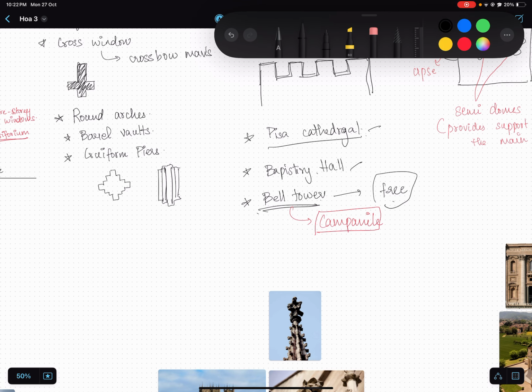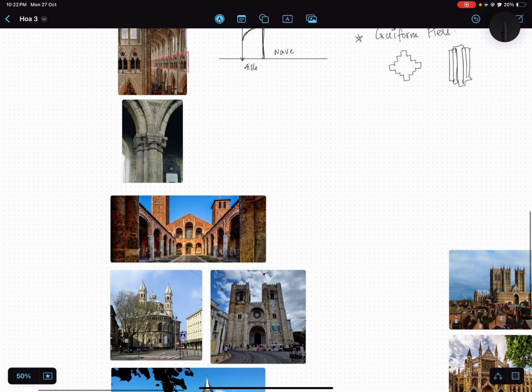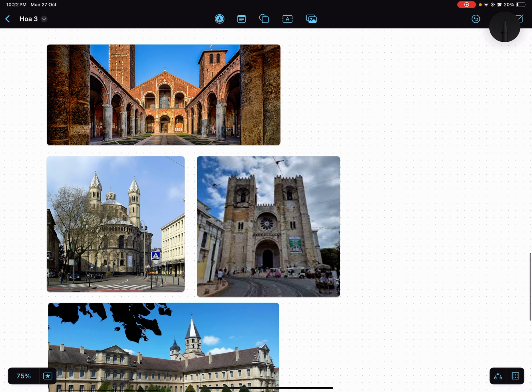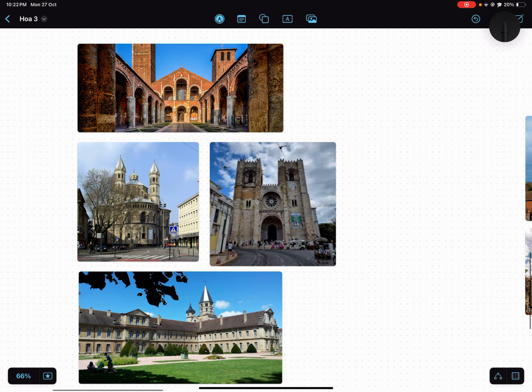So apart from the Pisa Cathedral, we have some other examples. These are a few examples, and this is Santa Maria Mayor Cathedral at Lisbon, which is in Portugal.